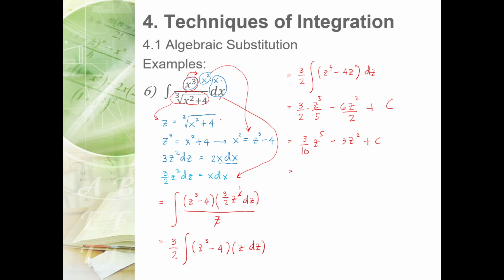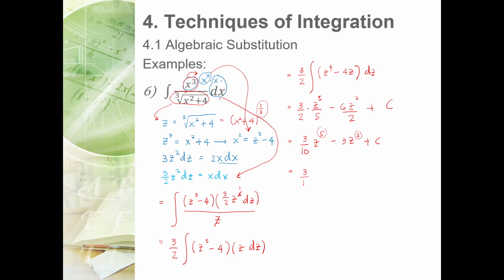So again, so you won't be confused, try to write this one in exponential form. x squared plus 4 raised to the power of 1/3. So 1/3 times 5 and then times 2 there, right?